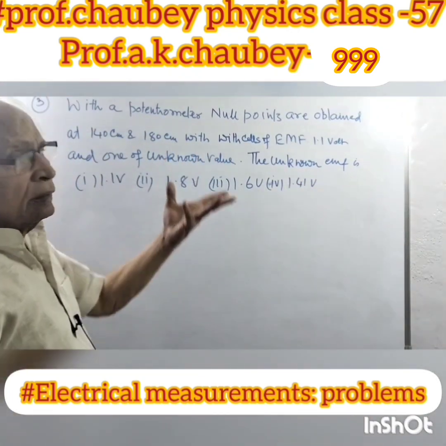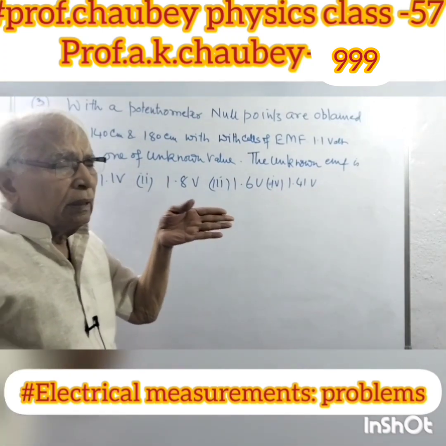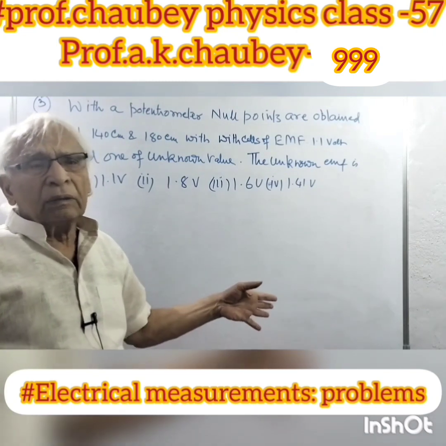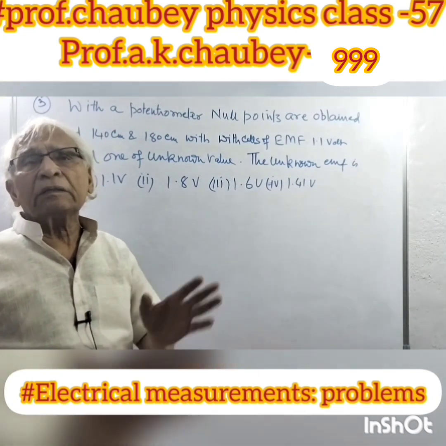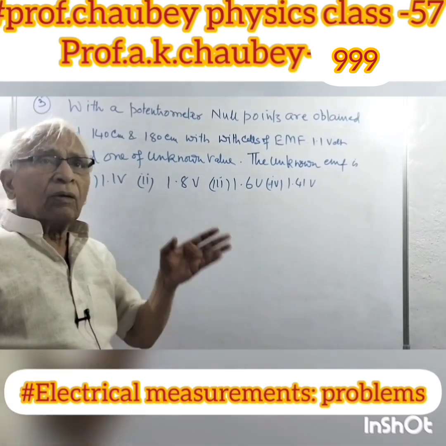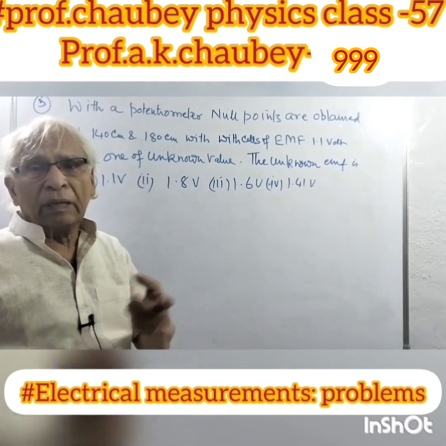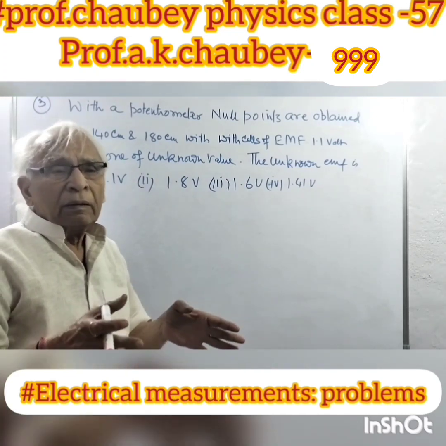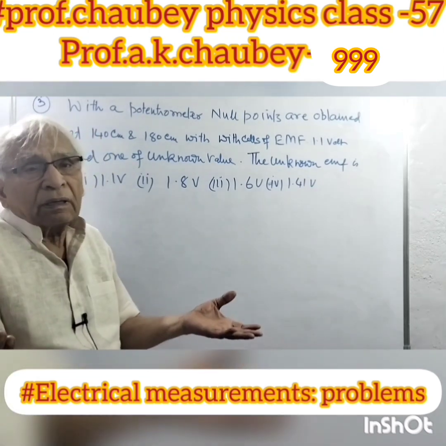So it is simple if you understand the potentiometer principle. We use a main battery circuit where we apply a voltage on the whole wire of the potentiometer, and then a potential gradient is produced, that means potential difference per unit length. If you compare the potentials, the length of the null point is proportional to the potential.